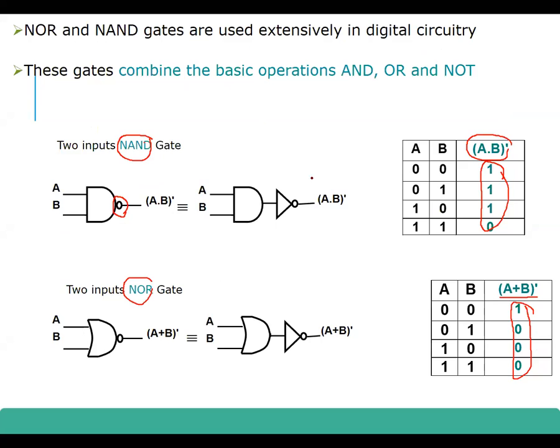Here you can see NAND is equivalent to the AND gate and the NOT gate combined together. And on this side, the NOT gate combined with the OR gate gives the corresponding NOR gate.